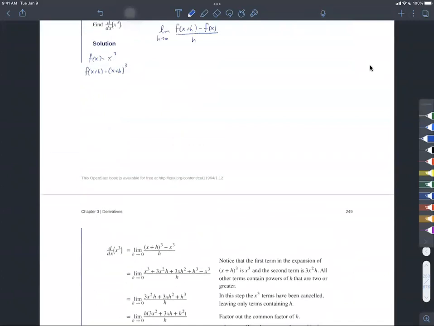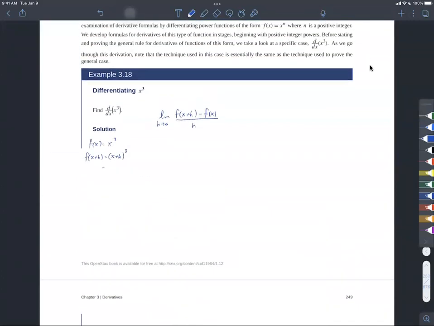They don't really show the work, but this is x plus h times x plus h times x plus h. And there is a shortcut for this, but I'll multiply the first two and get x squared plus 2xh plus h squared. That's just multiplying here, here, here, and here. And then we have this times the third factor of x plus h.